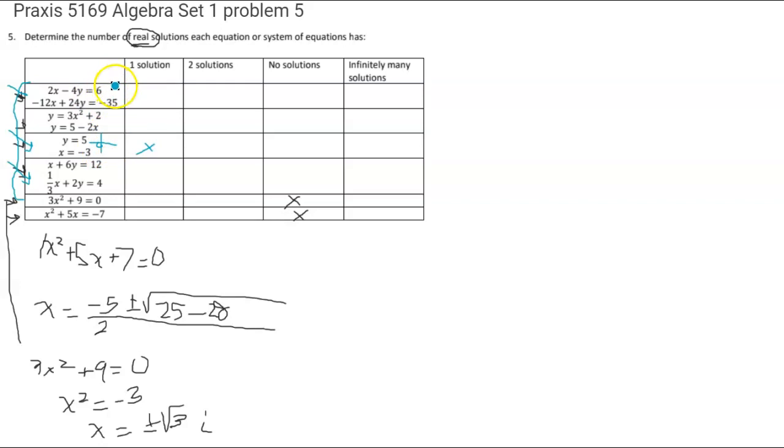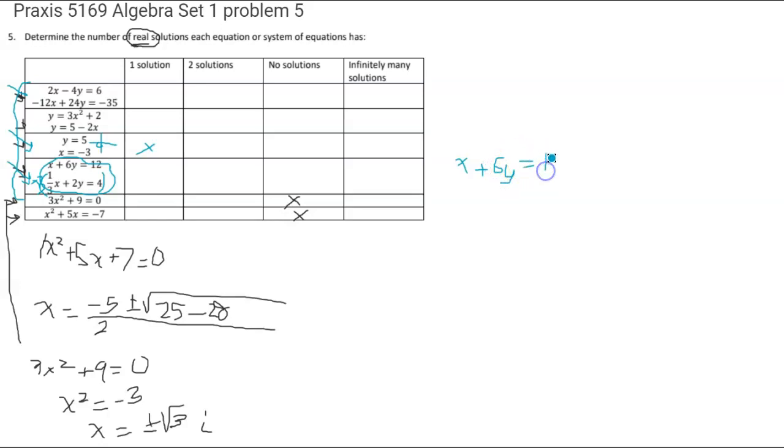And then we've got the question of the other two systems of linear equations. I don't like fractions much, so I'm just going to clear out the fraction by multiplying everything by 3 on that second equation. Let me rewrite over here. I'll copy the first equation, x plus 6y equals 12.